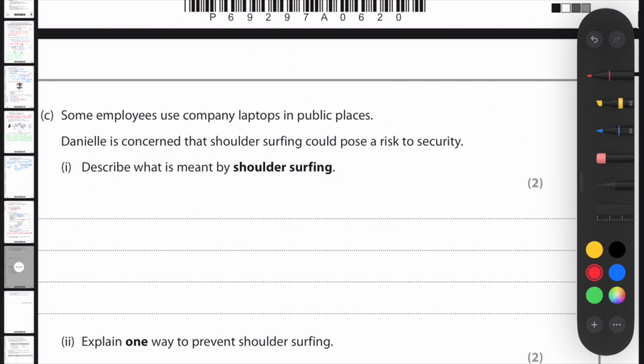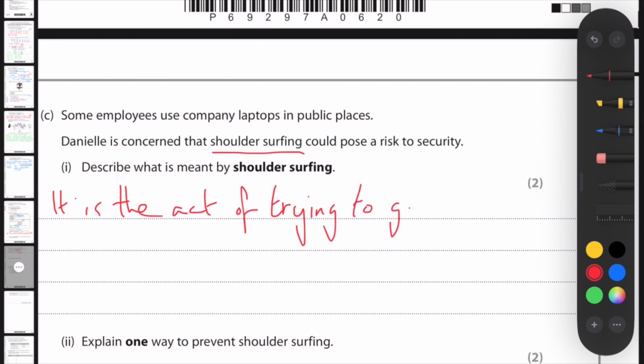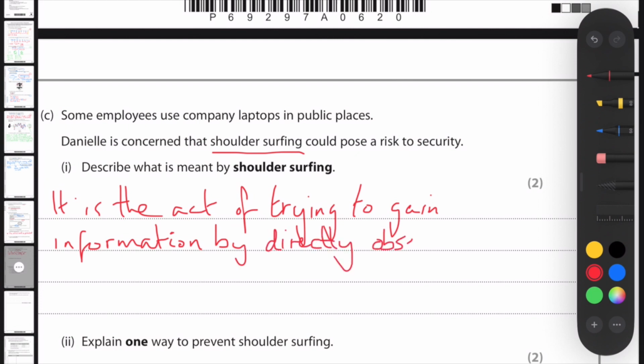Okay, part C. Some employees use company laptops in public places. Danielle is concerned that shoulder surfing could pose a risk to security. Describe what is meant by shoulder surfing. Well, it's the act of trying to gain information by directly observing someone.